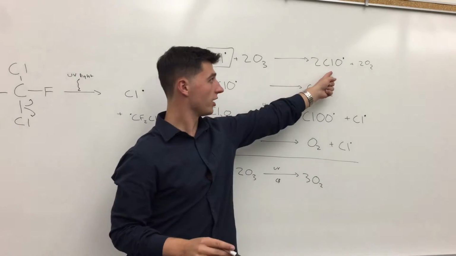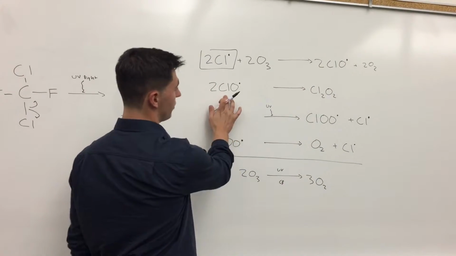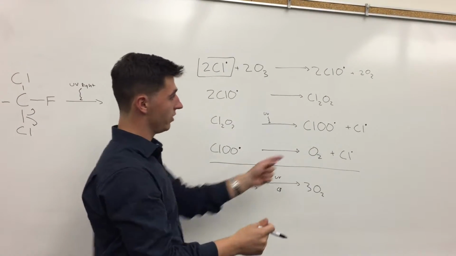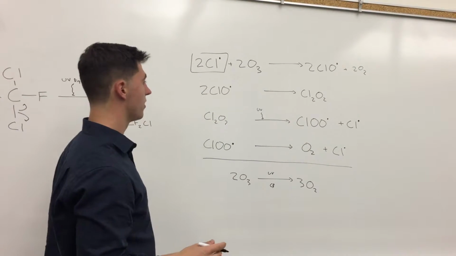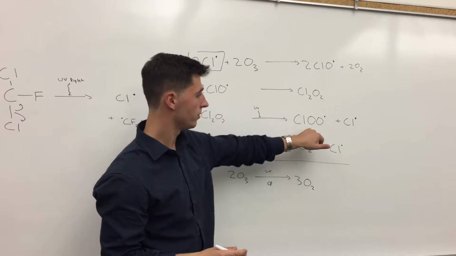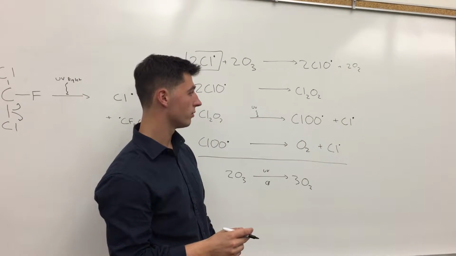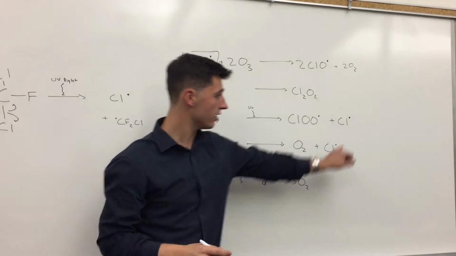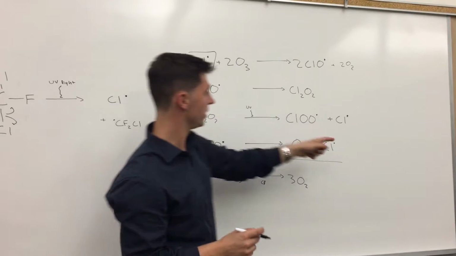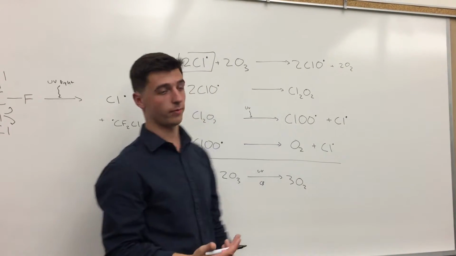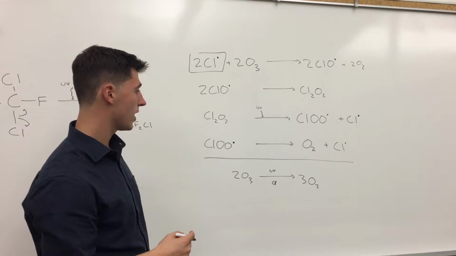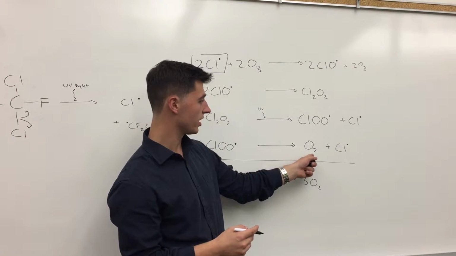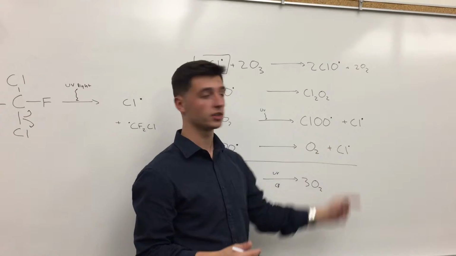Later, the chlorine monoxide that's produced here will combine to form Cl2O2. Following that, that'll break down, producing Cl radicals as well as chlorine radicals again. So you see a chlorine radical is being reproduced from that. And then the last chlorine peroxide radical goes to break into oxygen and chlorine radicals.